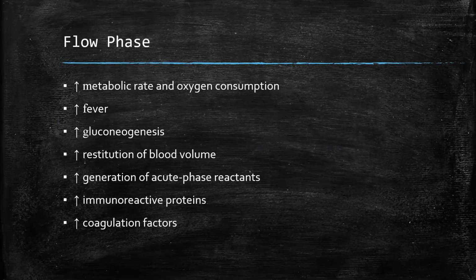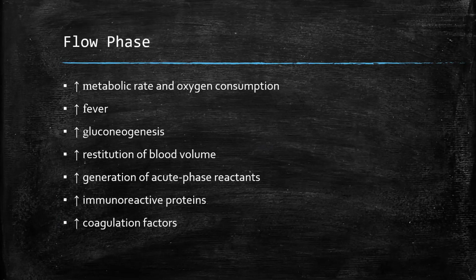And this is under the influence of the sympathetic nervous system and many of the hormones that we've talked about. So we now go from a decreased metabolic rate to a greatly increased metabolic rate, and oxygen consumption goes up as well. Injured patients usually develop a fever 24 to 48 hours into the injury. This is under the influence of cytokines and the inflammatory response.